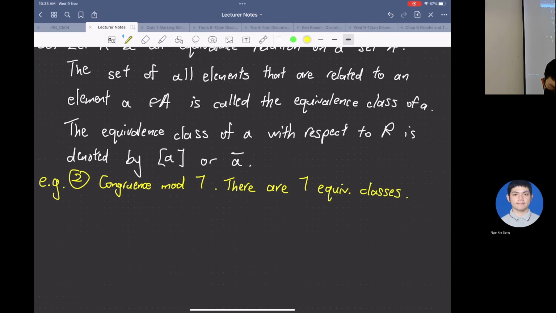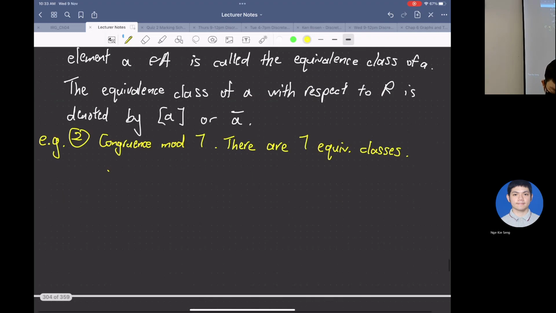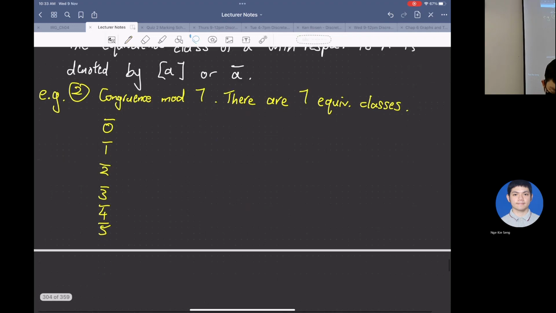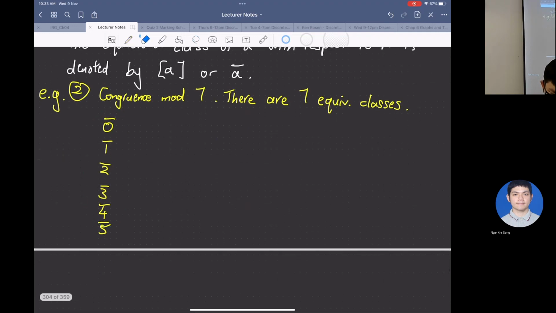What are they? They are 0 bar, 1 bar, 2 bar, 3 bar, 4 bar, 5 bar, 6 bar. There is no 7 bar. Why not 7 bar? Because 7 bar is equal to 0 bar.